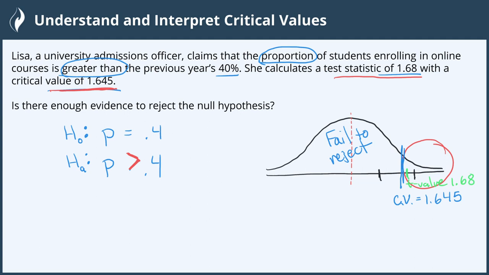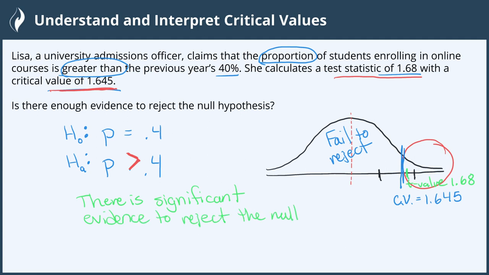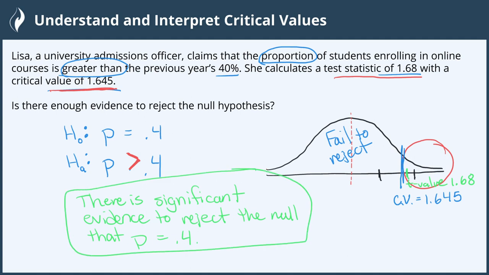That means it fell beyond our cutoff, which means we will reject the null hypothesis. So there is significant evidence to reject the null that the proportion equals 40%. And there's our conclusion. So we are all done.